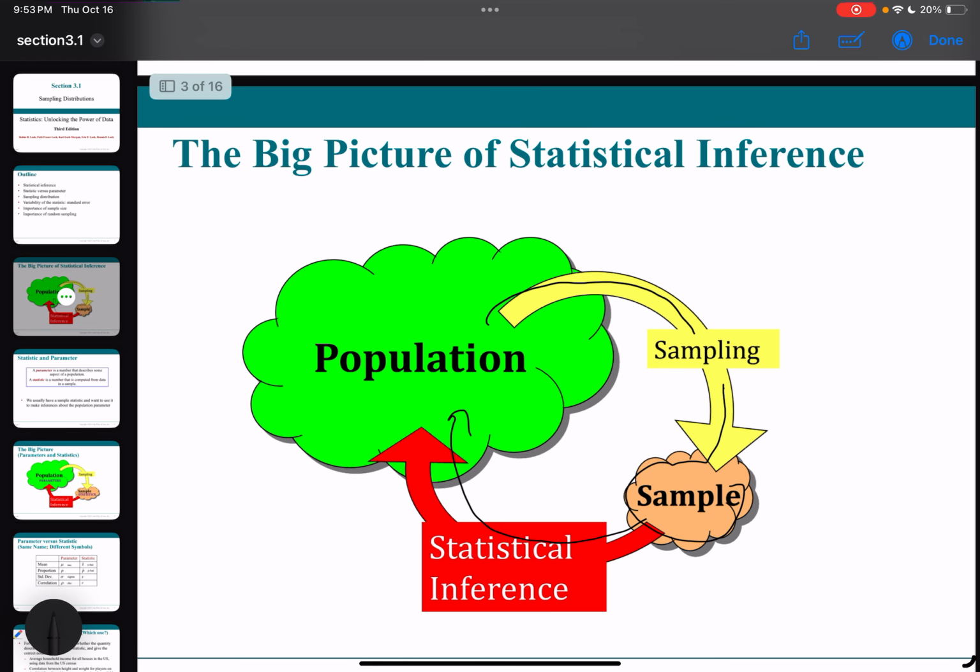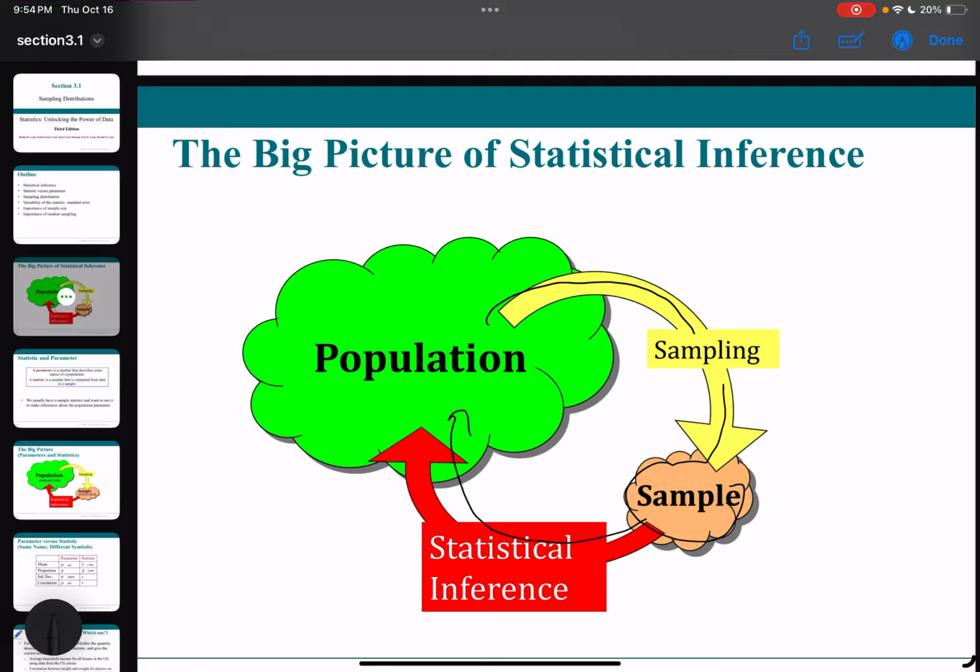We call this process statistical inference, and since we have these populations and samples, I told you we use different notations. We discussed these notations earlier in our class. We use one set of notations for the measurements we take in the population, and a different set for the same measurements in the sample.